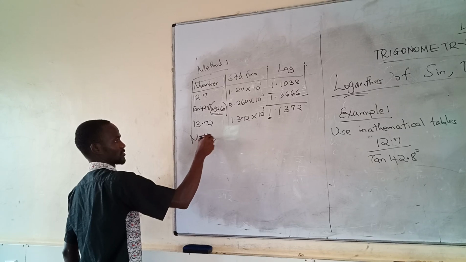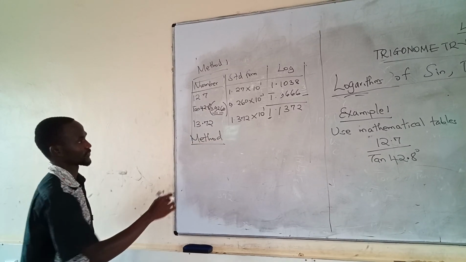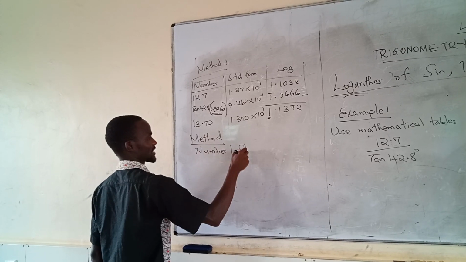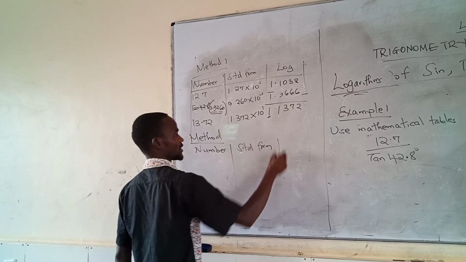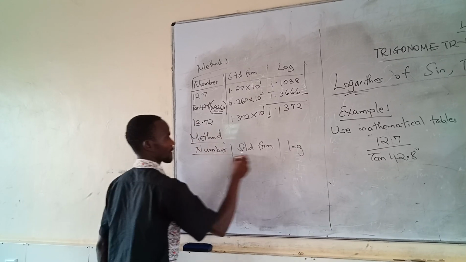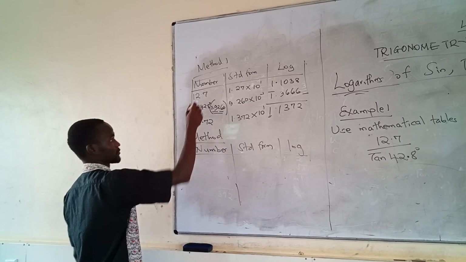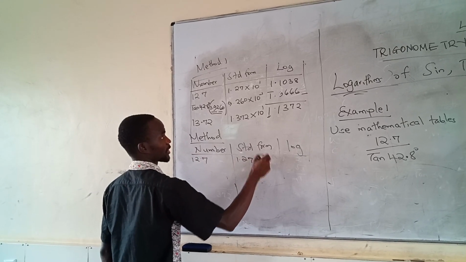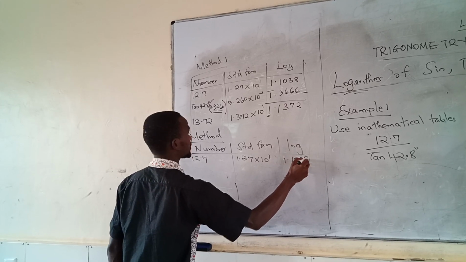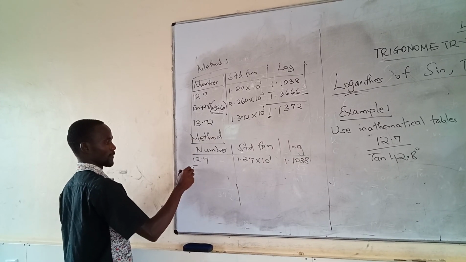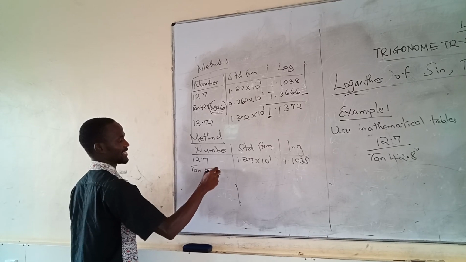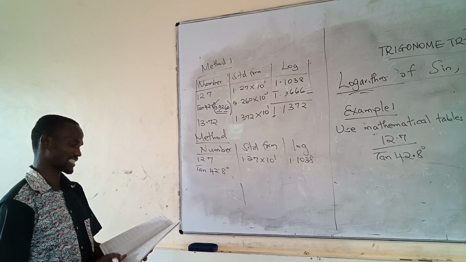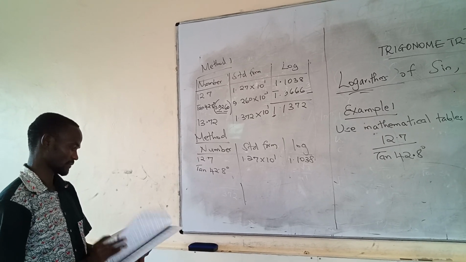Now, alternatively, the same, we have a number, then we have standard form, then we have log. We still have 1.27 times 10 power 1, with log 0.1038. Now, when it comes to tan 42.8 degrees, remember we have logarithms of tangent.